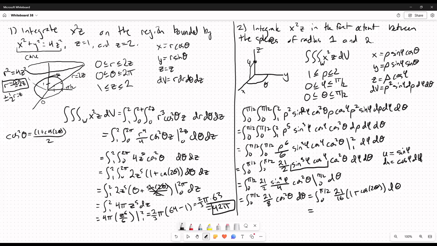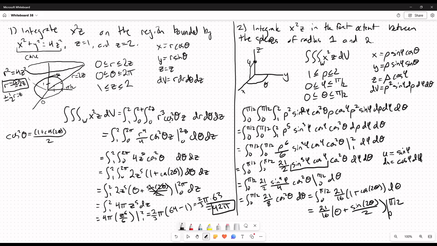When I integrate that, I have to be a little bit more careful than I was last time, but it turns out not too much more careful. I'm taking the integral of 21 over 16 theta plus sine of 2 theta over 2, evaluated from 0 to pi over 2.